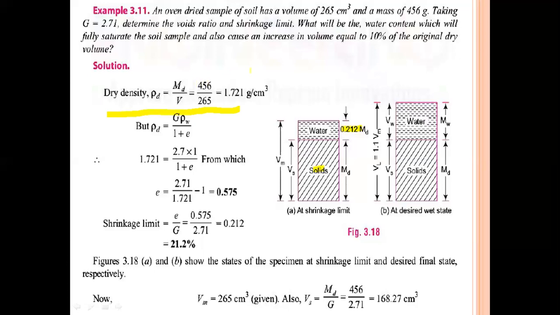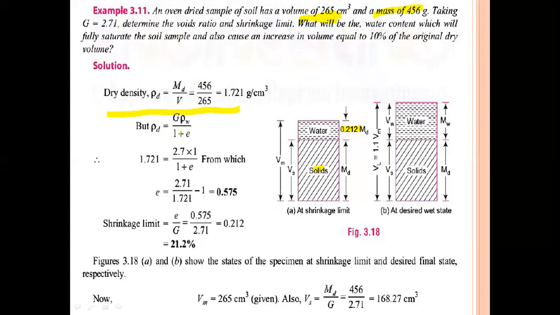So the mass is 456 grams divided by the volume, 265, which equals 1.721 grams per cubic centimeter.